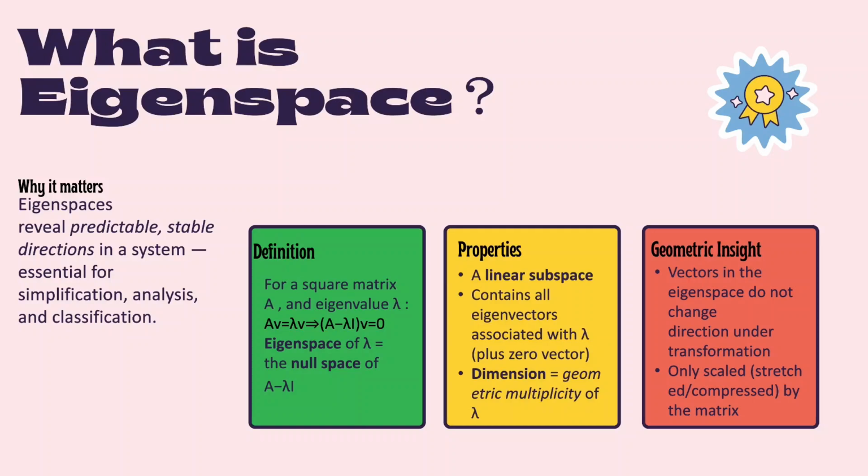This reveals two key properties. The first: it is a linear subspace. It contains the zero vector and is closed under addition and scalar multiplication. The second: its dimension is called the geometric multiplicity of lambda, which tells us how many independent eigenvectors we have for that eigenvalue.